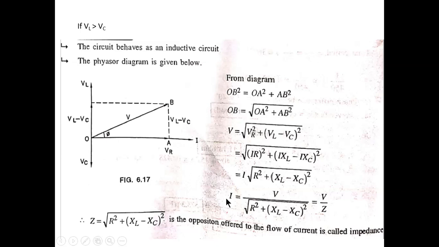So we will get the current equation I is equal to V upon under root R square plus XL minus XC whole square, where this denominator term is called impedance of the RLC series circuit, and it is defined as opposition offered to the flow of current. So in AC circuit analysis, the current equation becomes V by Z, so voltage equation is V equal to I into Z. So Z is combination of RLC load.